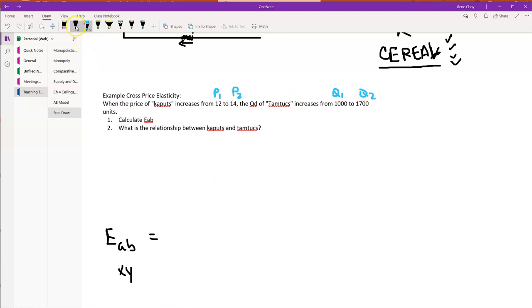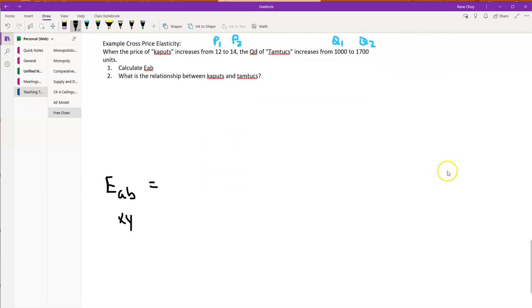All right, so we're going to do percentage change in quantity. I have to do 1,700 minus 1,000, then divide that by the average quantity, so 1,700 plus 1,000, divided by 2.